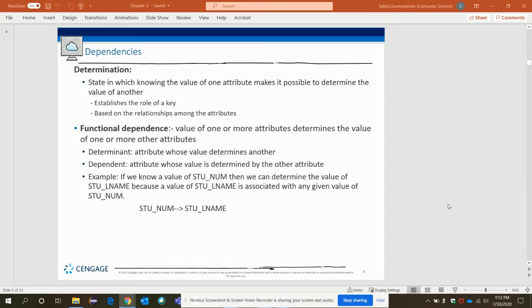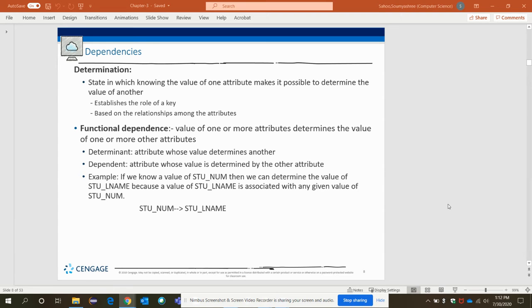In a given table, if there is a particular attribute that makes it possible to determine all the individual records or rows, then that attribute can be characterized as a key. This determination also establishes the role of a key and the relationships among them.